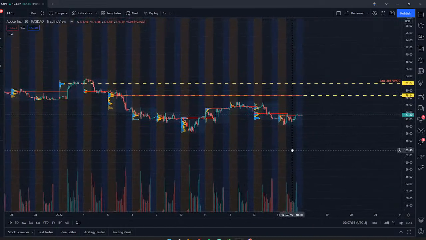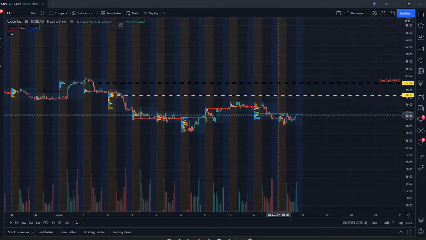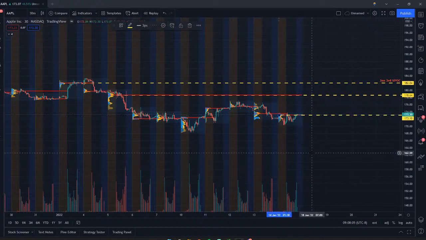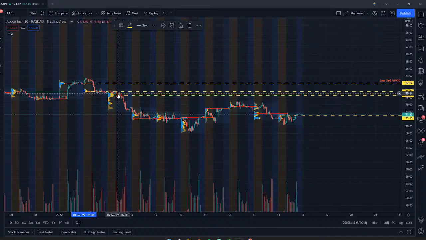If you're wondering what's the difference between significant and insignificant, it probably comes down to some personal preference, but also you just want to think, like this POC here, I don't need this. It's so close to the one before that this POC alone below it will cover this range anyway.